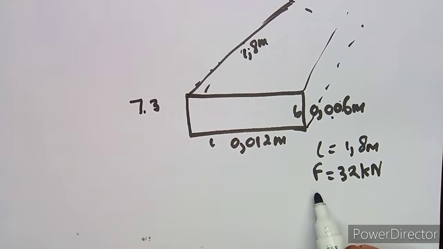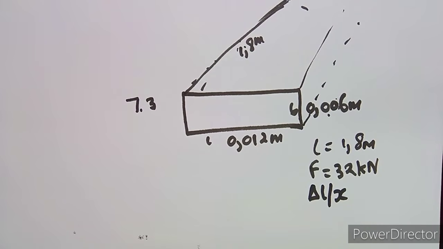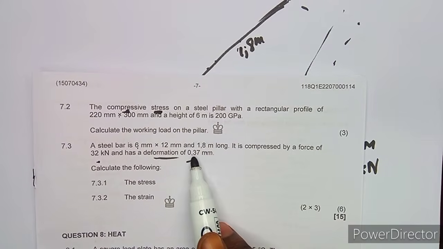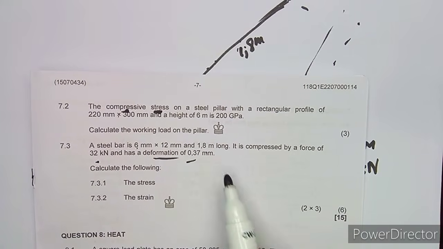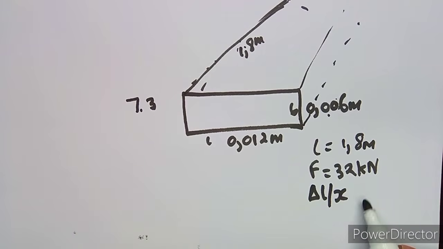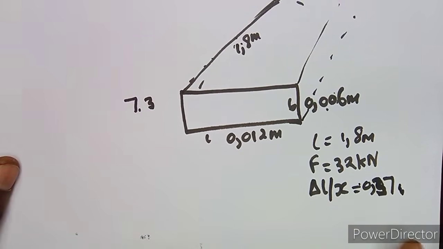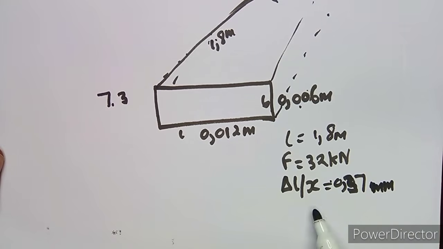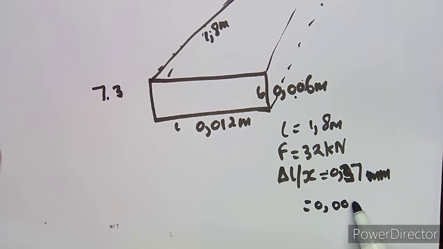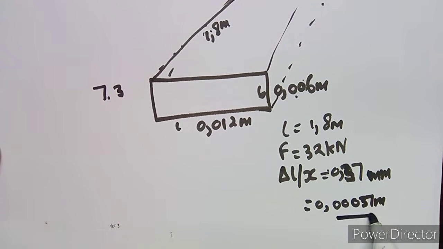The change in length, you can write it as change in length, or you can write it as x, because on your formula sheet, x represents the change in length. So this is going to be 0.37 millimeters, let's just write in millimeters first, or it can be 0.00037 meters, if you want to use meters there.